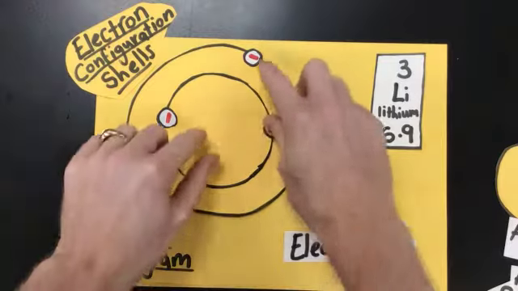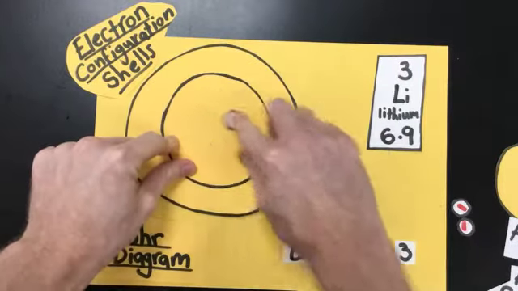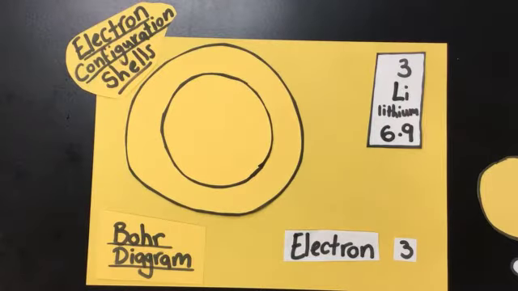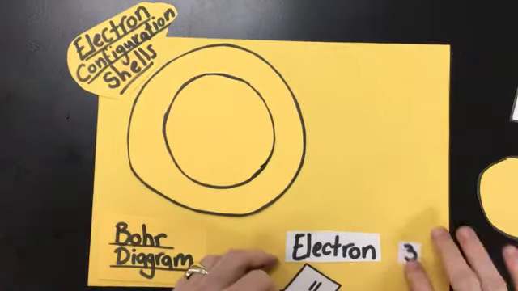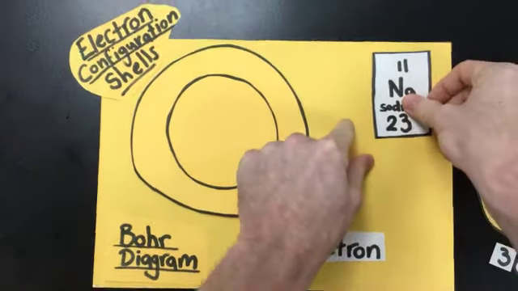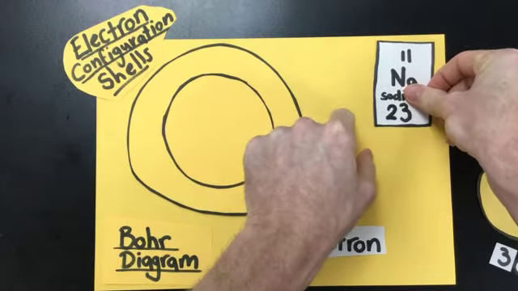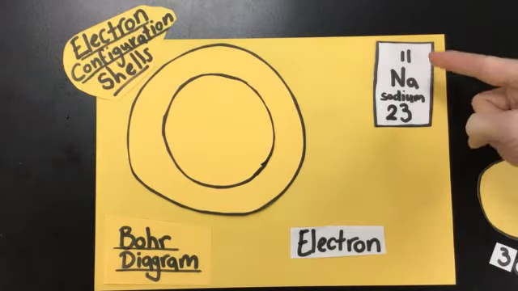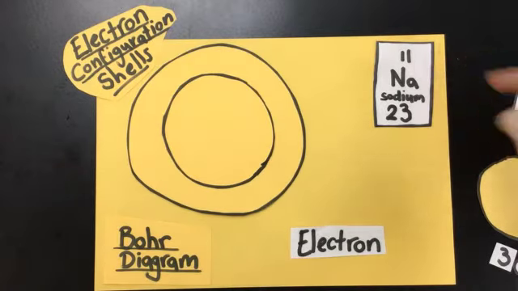Now, before we continue with that, let's have a look at one more just so we can make sure that we're absolutely clear on this. Lucky last one, we're going to look at one of my favorite elements, sodium. Now, sodium has 11 as an atomic number.